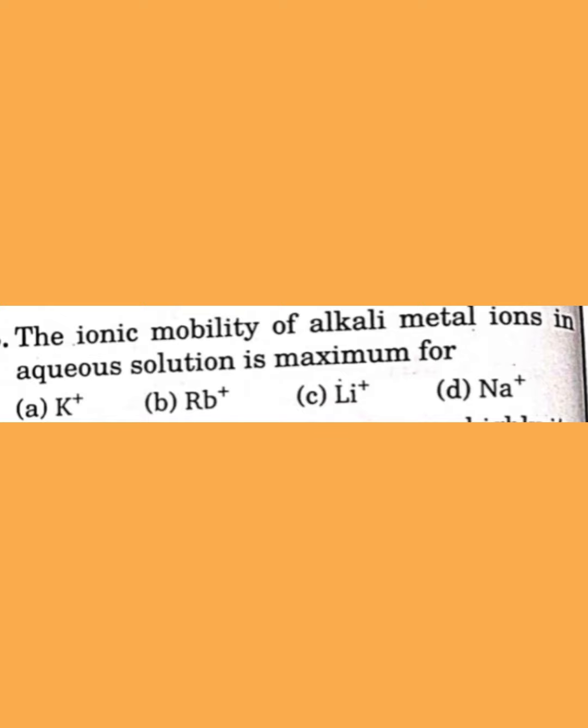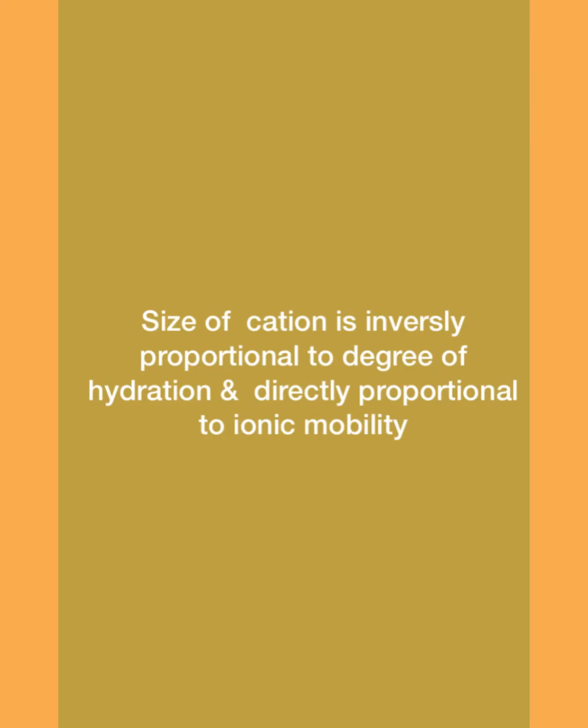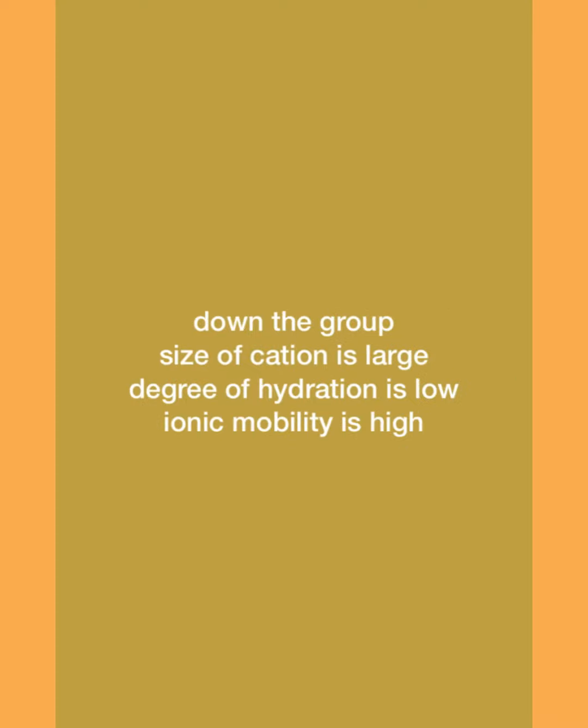Ionic mobility. The size of cation is inversely proportional to degree of hydration, and size of cation is directly proportional to ionic mobility. In other words, down the group, size of cation is large, degree of hydration is low, ionic mobility is high.